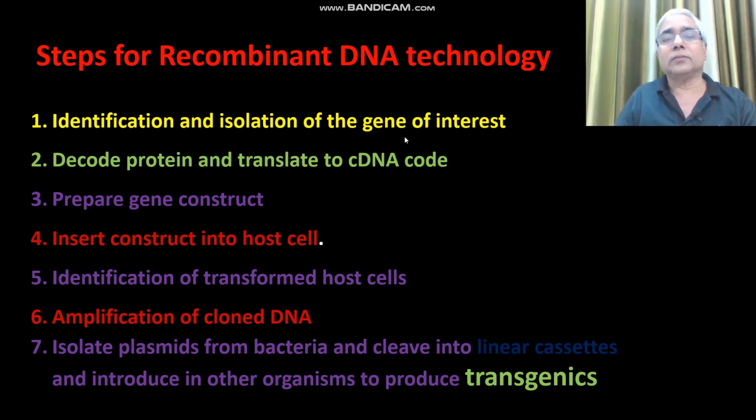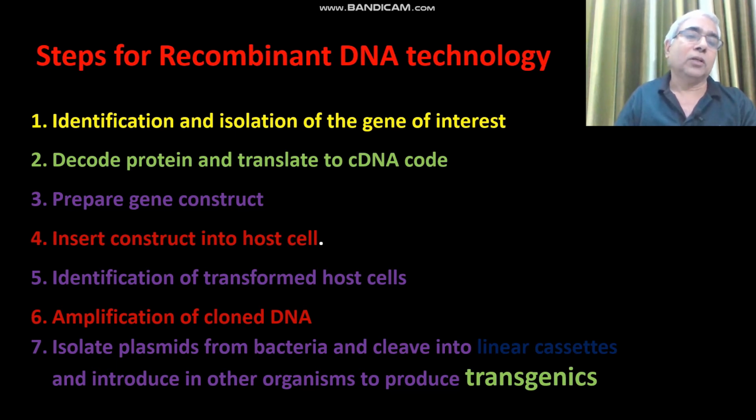But there are many conditions when you cannot isolate your gene of interest directly from the host genome. In that condition, you have to decode the protein which is responsible for that particular character in which you are interested.